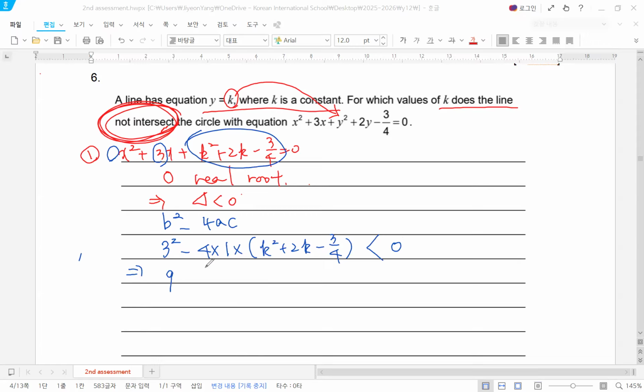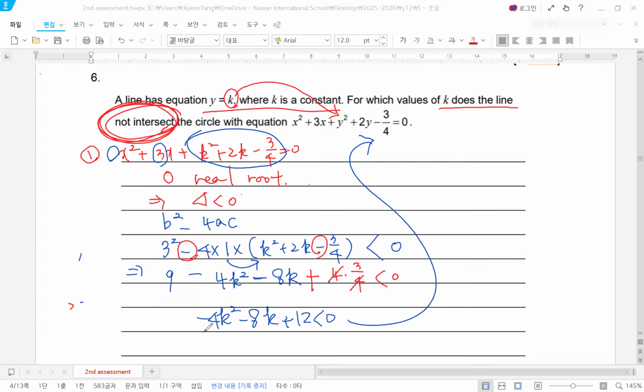Then 9 minus, let's distribute this: 4k squared, be careful with this negative, minus 8k. Can you see that? The last one, negative times negative is positive, and 4 times 3/4, so you need to cancel 4, is less than 0. Then minus 4k squared minus 8k plus 12 is less than 0.